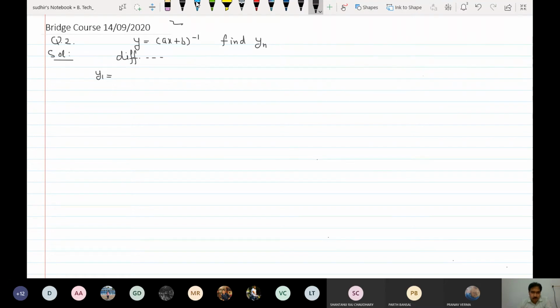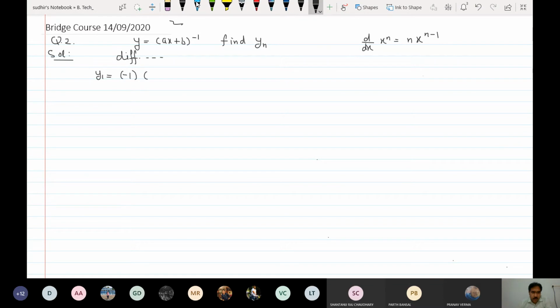Minus a times (ax plus b) raised to the power minus 2. Well, d by dx of x raised to the power n is n x raised to power n minus 1. So from here we can say in place of n it is minus 1.